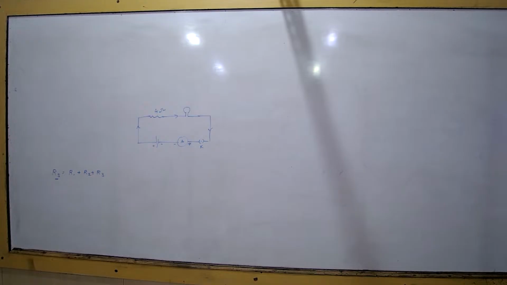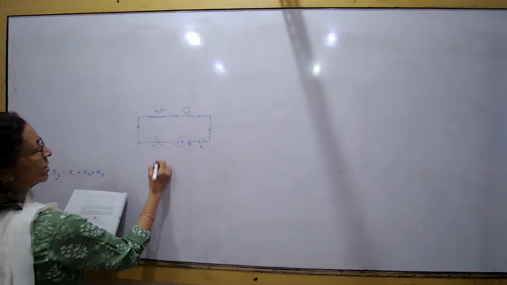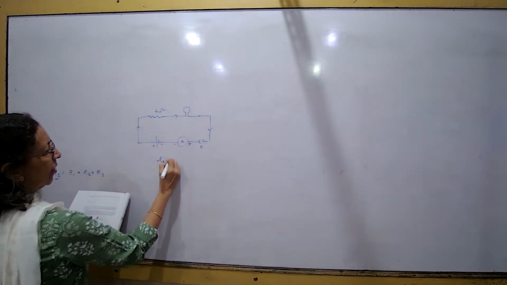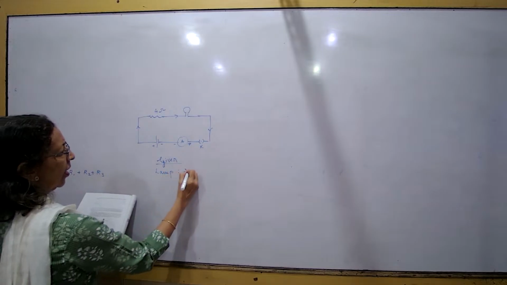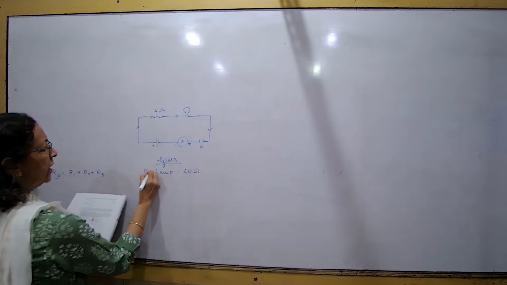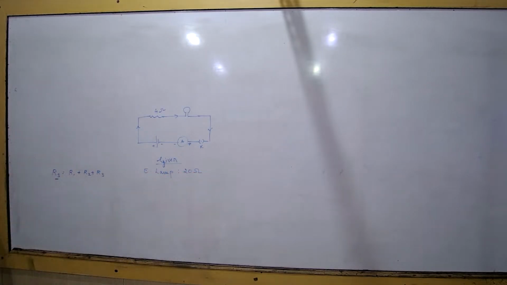An electric lamp whose resistance is 20 ohm. So here, this is what is given to us. Electric lamp is given 20 ohm and a conductor of 4 ohm resistor.